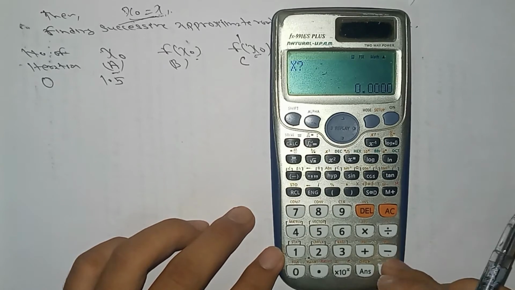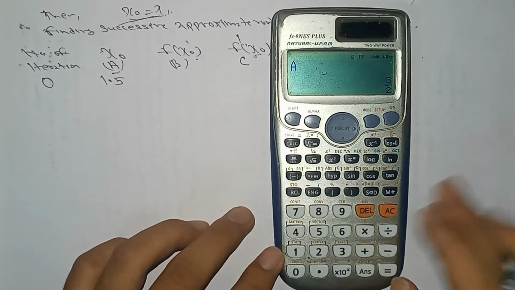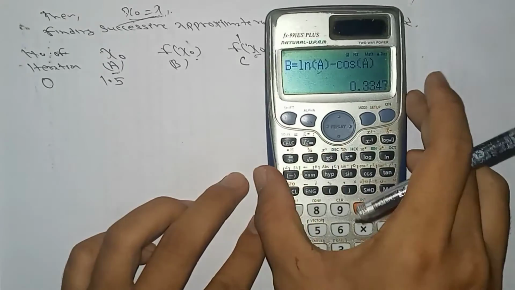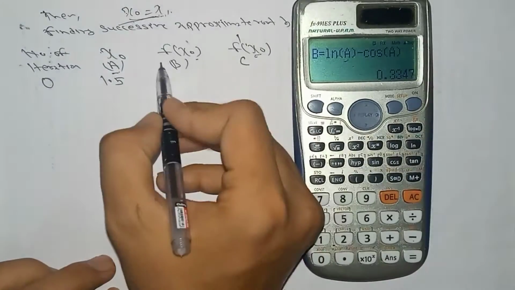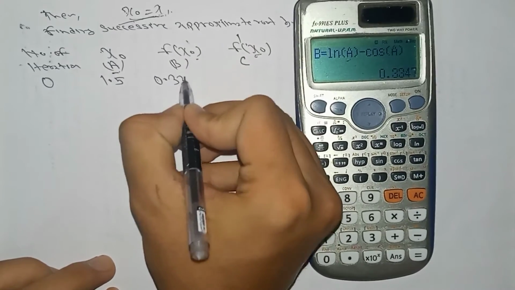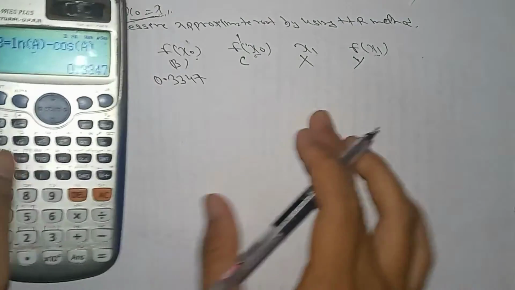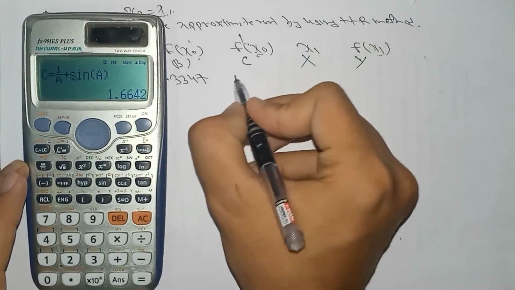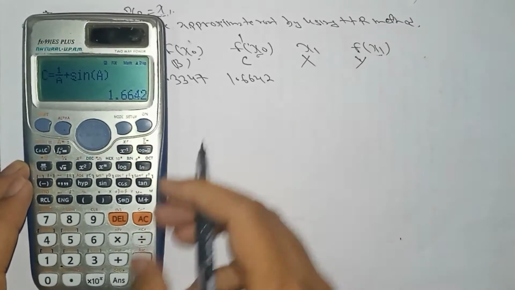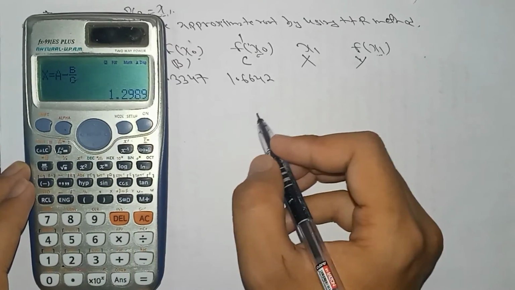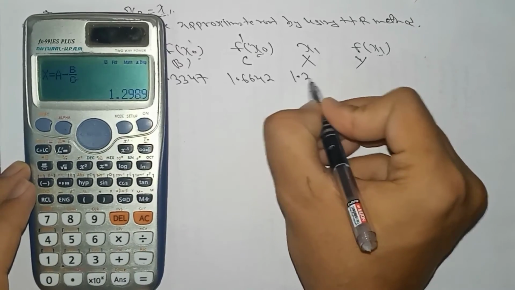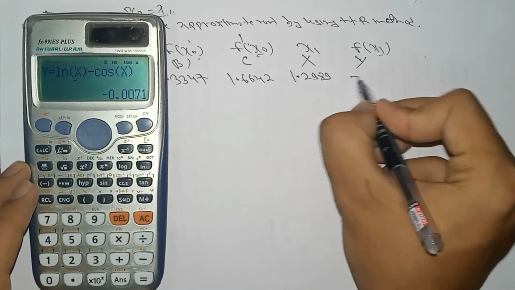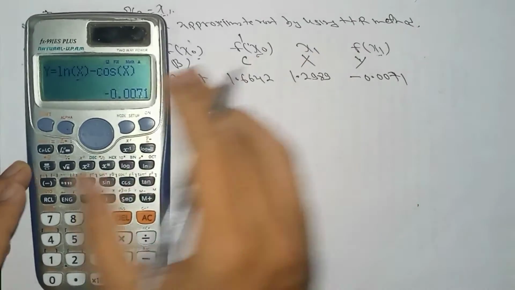After this we have obtained these values: B is 0.3347, C is 1.664, capital X is 1.2989, and Y is minus 0.0071.